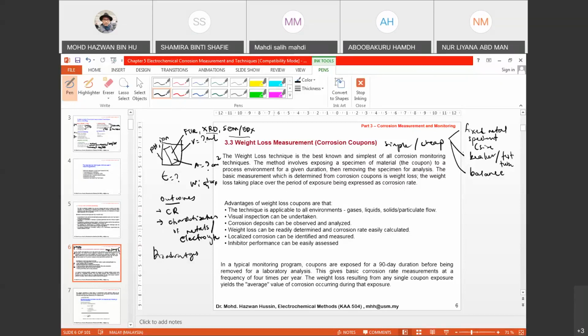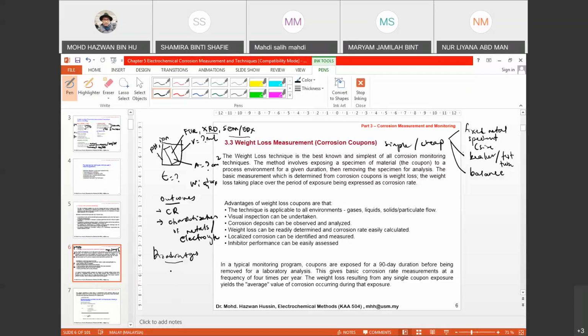Earlier I discussed the advantages of weight loss: it's easy to conduct, very low cost, cheap, it gives a visual inspection and whatnot. What do you think about the disadvantages? Mariam, what do you think? Need to replace the metal.